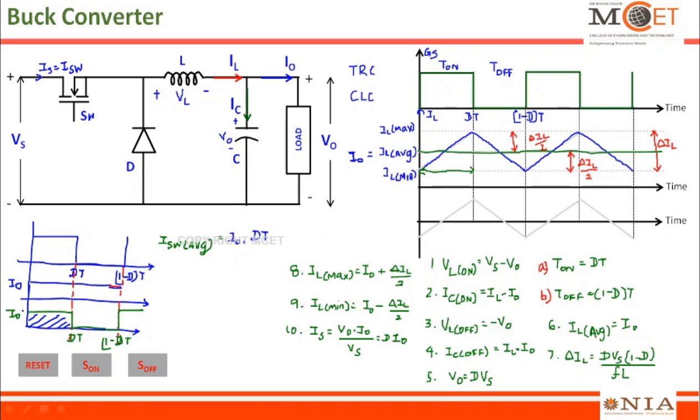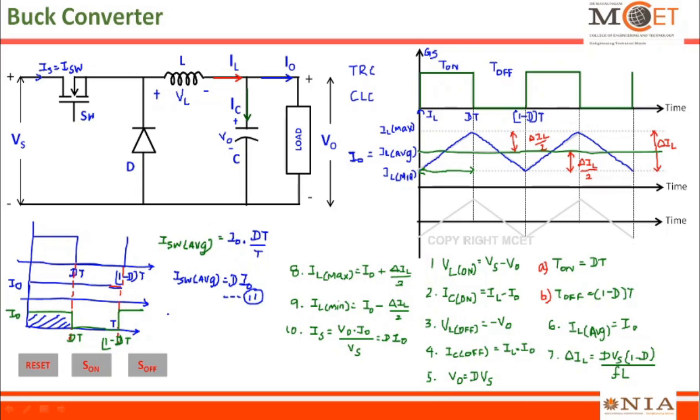The height is I0, because that is the current flowing through the switch, multiplied with this breadth dt, divided by the total duration. From this to this it is T, so the total duration is T. So the average value of the switch current is ISW average equals D into I0. This is the average current which flows through the switch. Let it be expression 11.